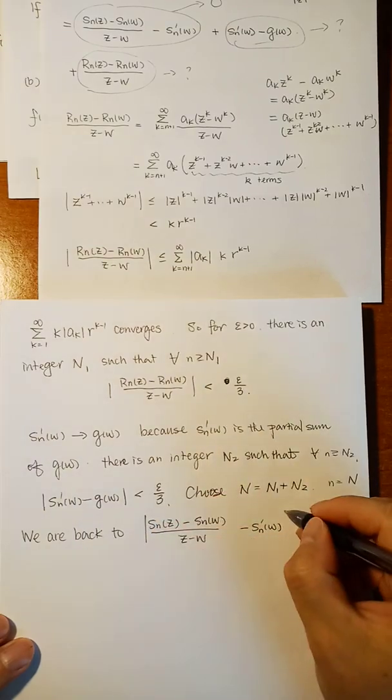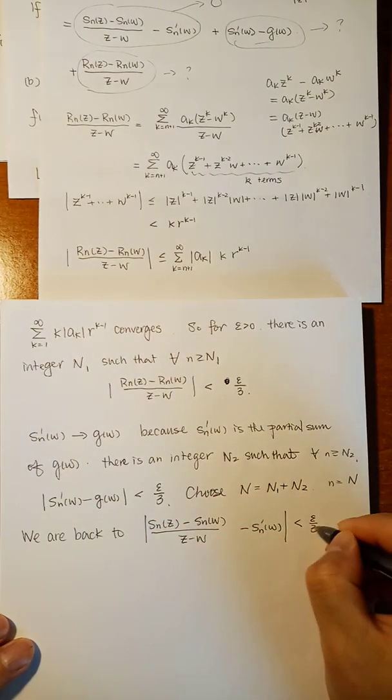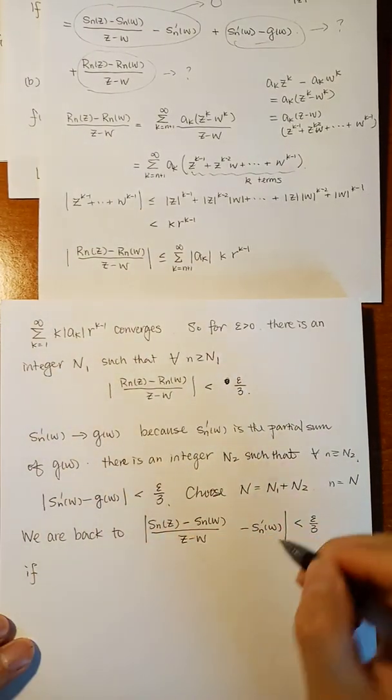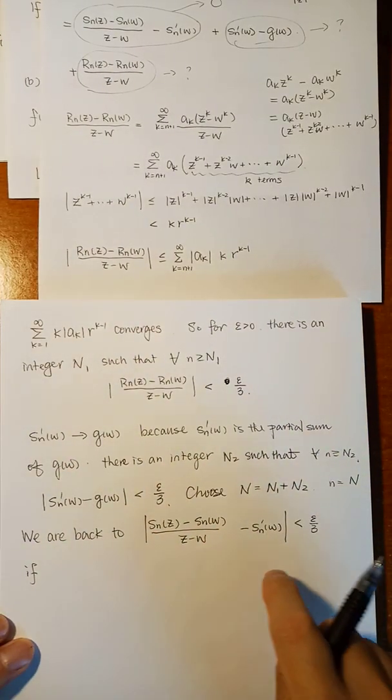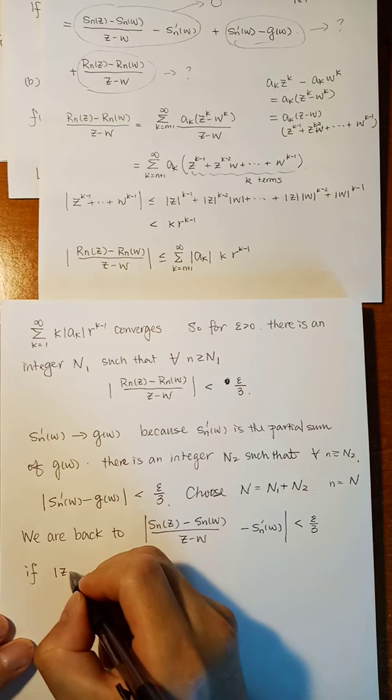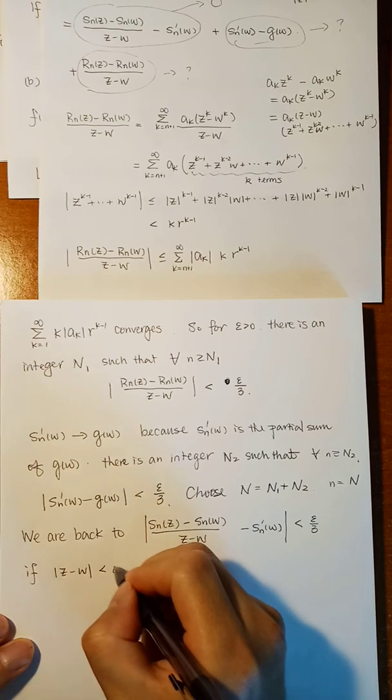It is less than epsilon over 3 if Z is sufficiently close to W, within delta.